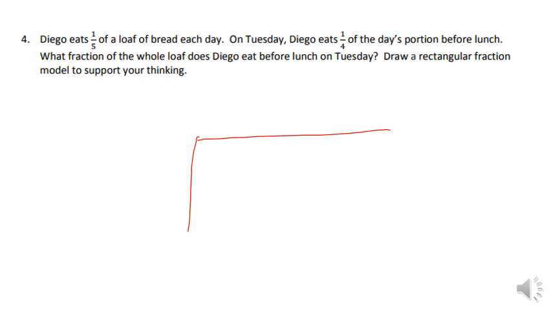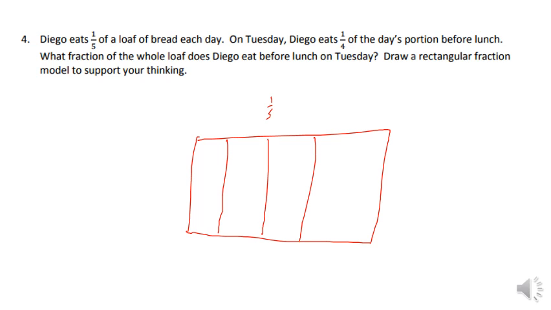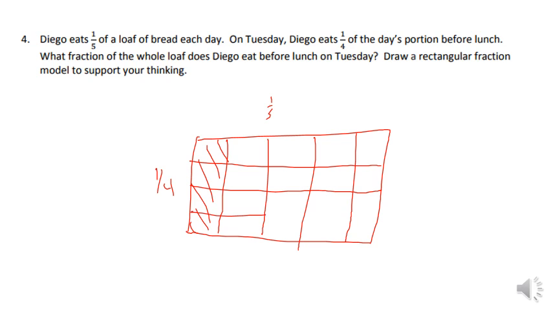Okay, so we're going to come up with our diagram. And it says he eats 1/5. So we're going to split this up into fifths. And we're shading in 1/5. And then it says on Tuesday he eats 1/4 of the day before lunch. So here's our quarters. I split it into half, then the halves into quarters. And we're going to shade in 1/4.